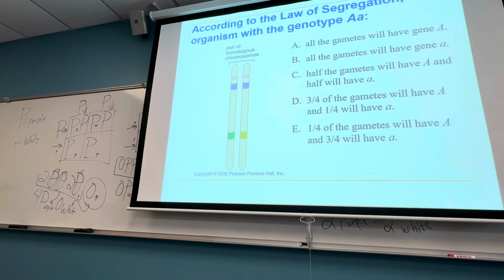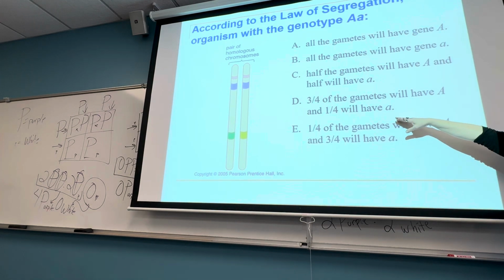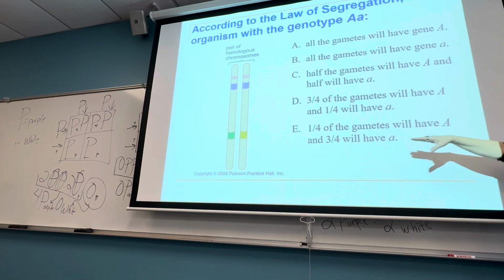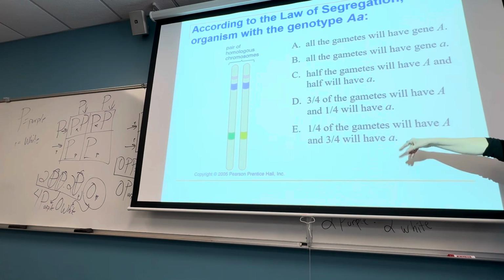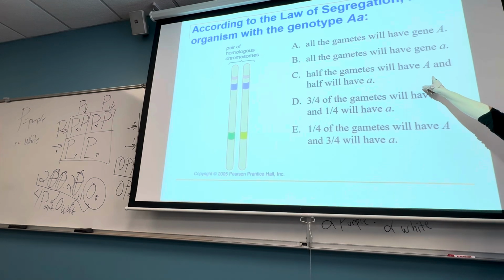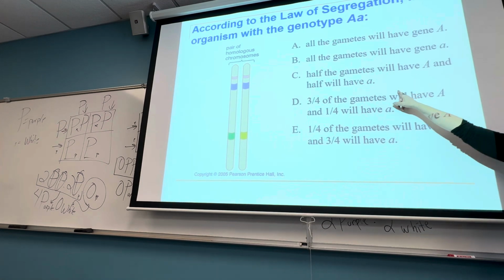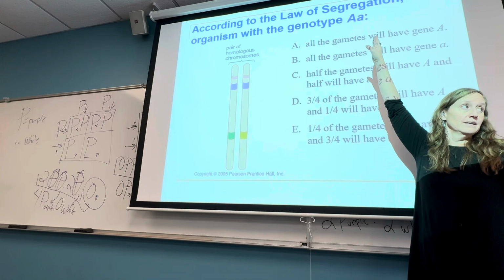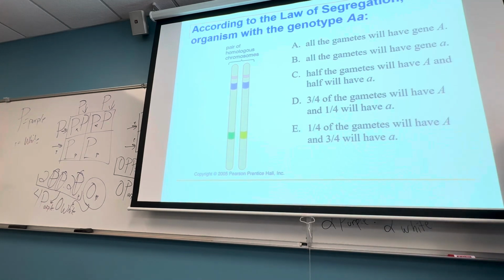Okay, let's read on. 3/4 of the gametes will have big A and 1/4 will have little a. I see some like, I don't know. 1/4 of the gametes will have a big A and 3/4 will have a little a. No, that's just weird stuff, right? So half the gametes will have a big A and half will have a small a, right? You basically are separating that capital A, little a into gametes. So half and half.